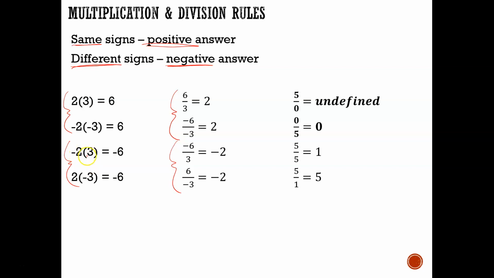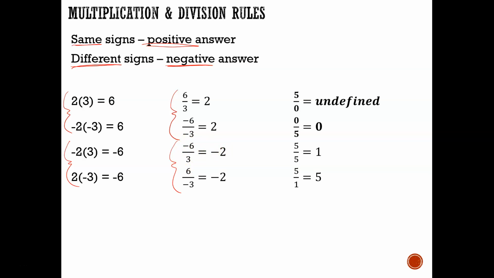We've got negative times positive or positive times negative, and the result is negative because the signs are different, and that works the same way for division. And remember, in algebra, division is often represented with a fraction bar. So when you look at this problem, it's saying -6 divided by +3, different signs, negative answer.